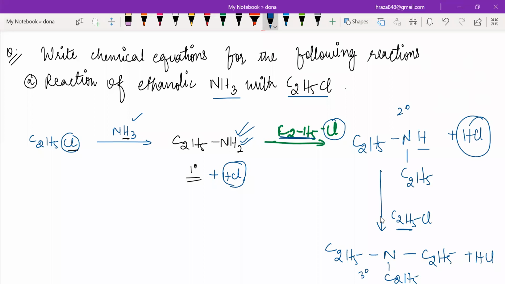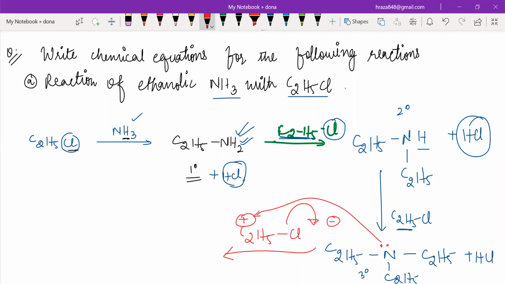Is that clear? Now you have to do it again with C2H5Cl. This chlorine will take the electron, so there will be a negative and a positive charge, and this nitrogen has a lone pair that will attack this part.